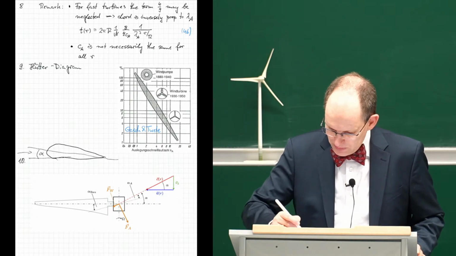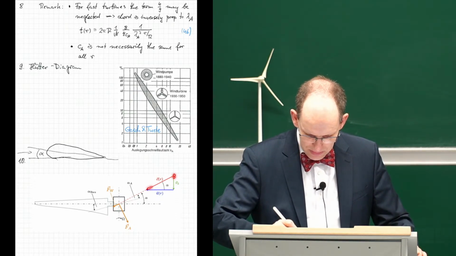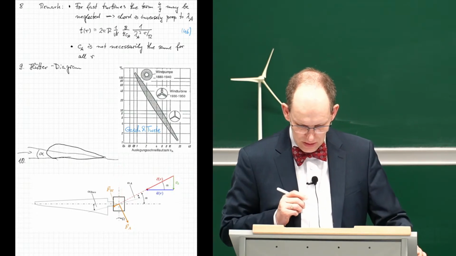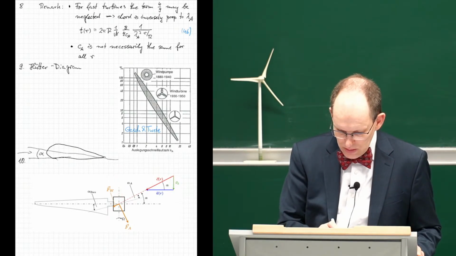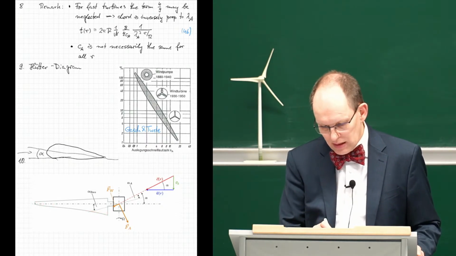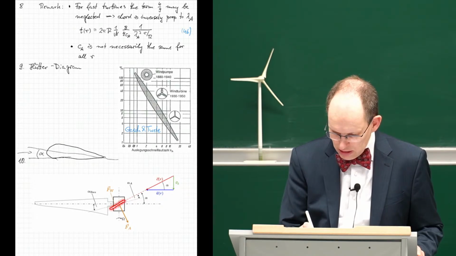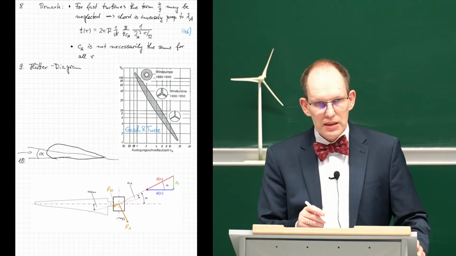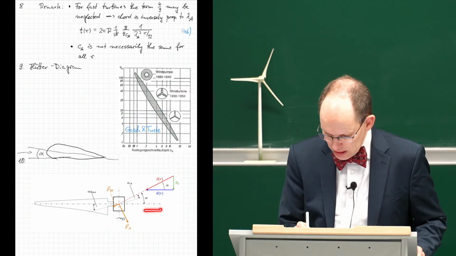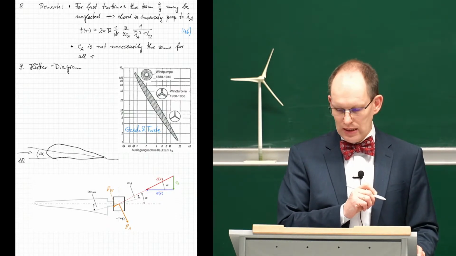And well, we assume this wind triangle. So we have wind coming in parallel to the axis of the rotor, and we assume that this rotor blade rotates out of the plane of drawing, and eventually arrives here. So it has a velocity in this direction, and therefore the wind has a velocity in this direction.